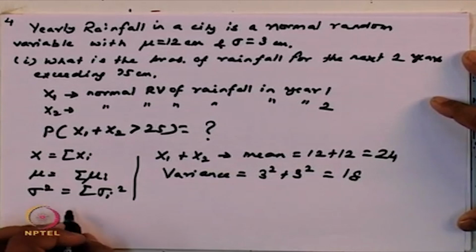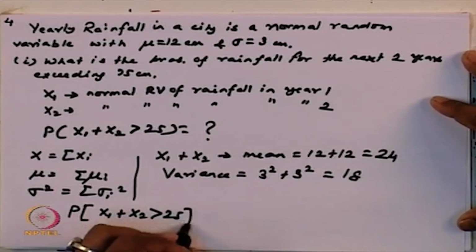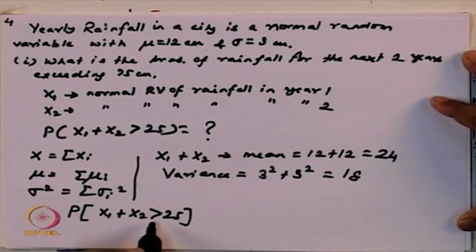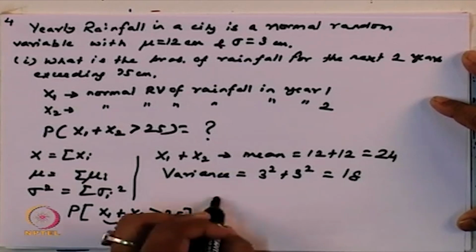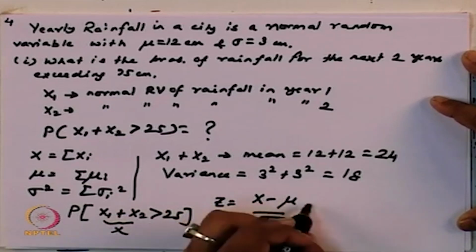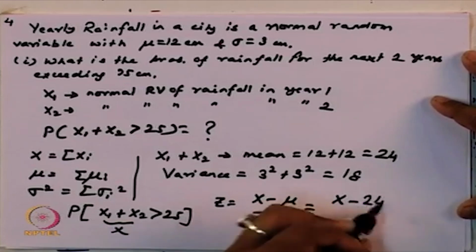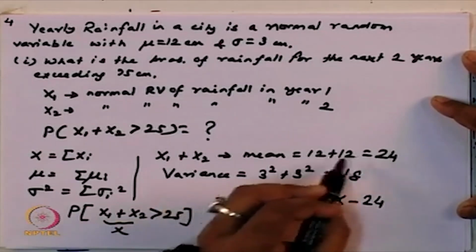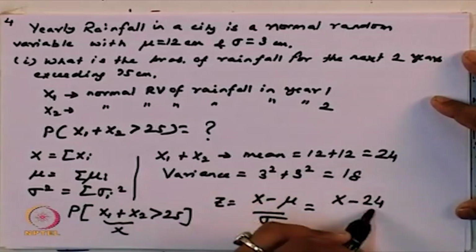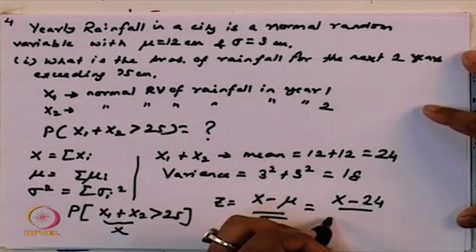So we want to calculate the probability of x1 plus x2 greater than 25. I can convert this into a standard normal variable. Let us say this is x. I can define z equal to x minus mu by sigma, where mu is 24 because this random variable has a mean of 24, and sigma square is 18, so sigma is root of 18.